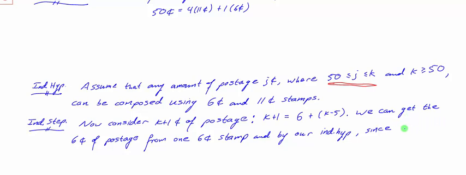So since k minus 5, we would need it to fall in this range, greater than or equal to 50, less than or equal to k. So as long as k minus 5 falls in that range, we can compose k minus 5 cents of postage using 6-cent and 11-cent stamps.